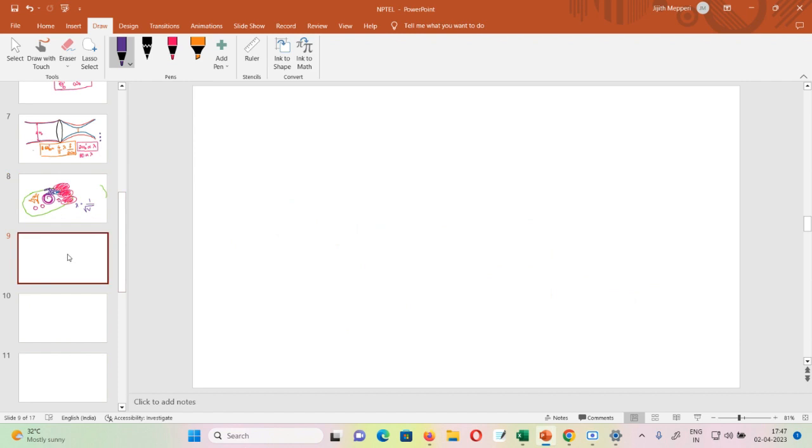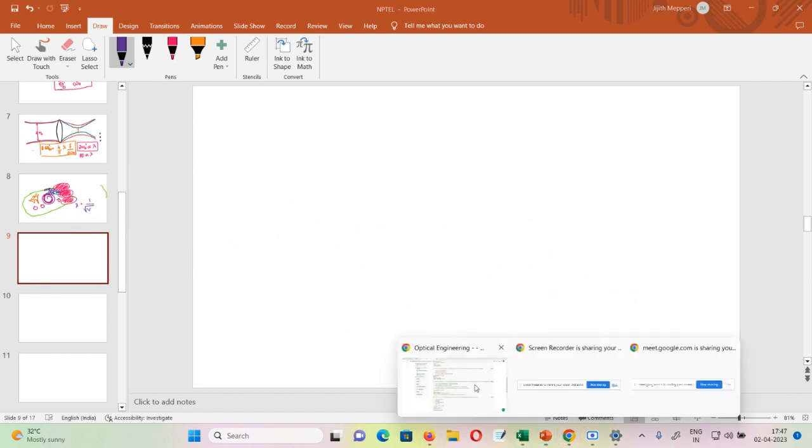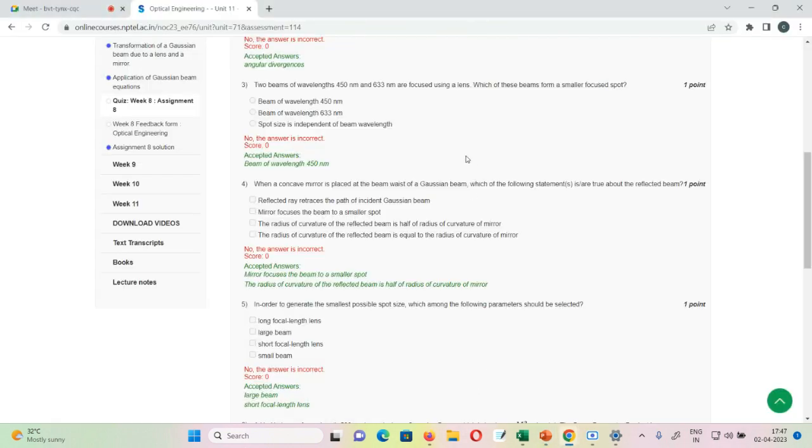Now, when a concave mirror is placed at the beam waist of a Gaussian beam, which of the following statements is true about the reflected beam? When a concave mirror is placed at the beam waist of a Gaussian beam. You can see how we can place it.